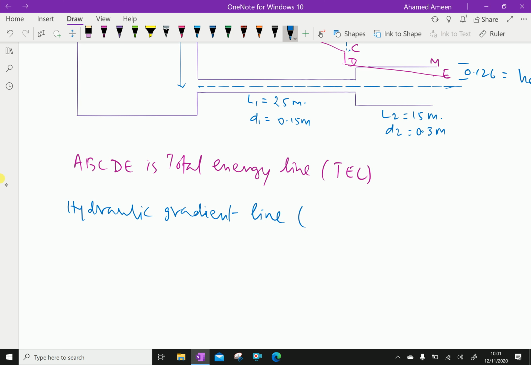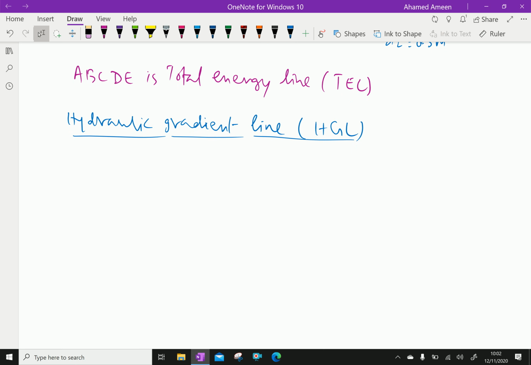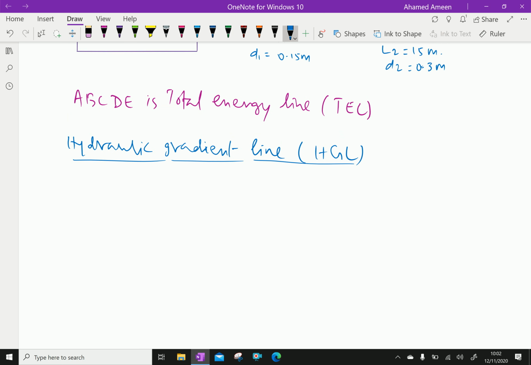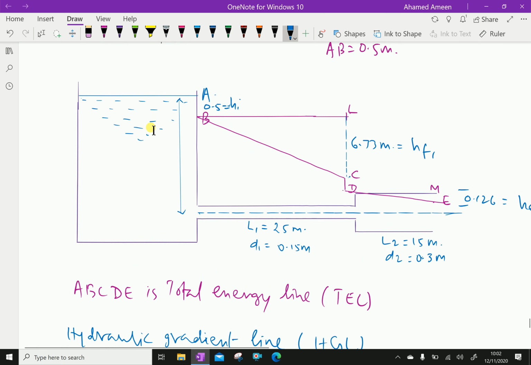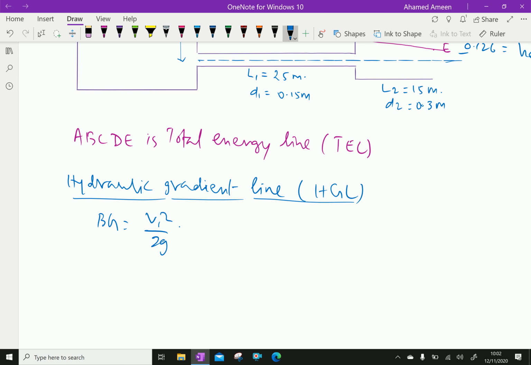For this, from B take BG equal to V1 squared by 2g, equal to 1 meter.